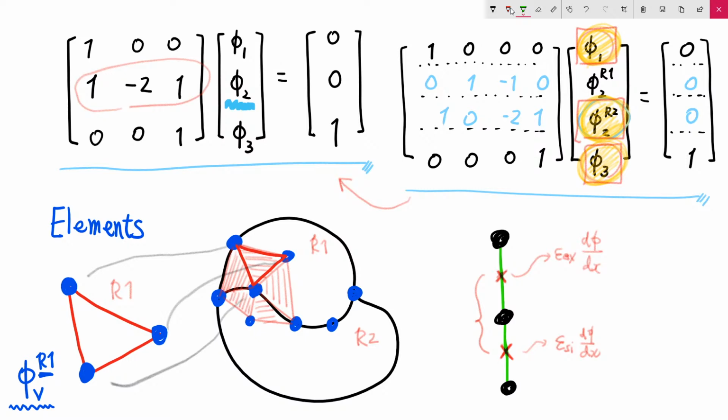So when you consider this first edge, the information available to you is only phi 1 and phi 2 and r1. Once again, of course, this quantity is equal to r2.